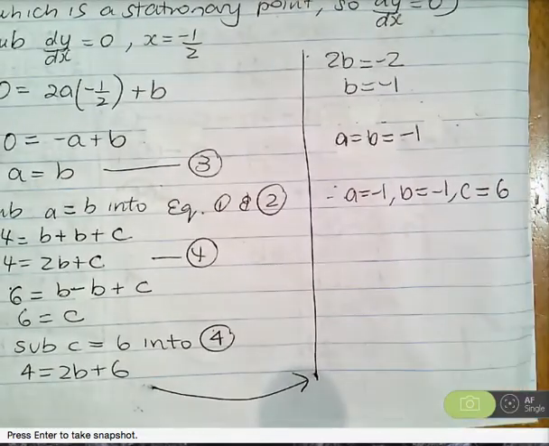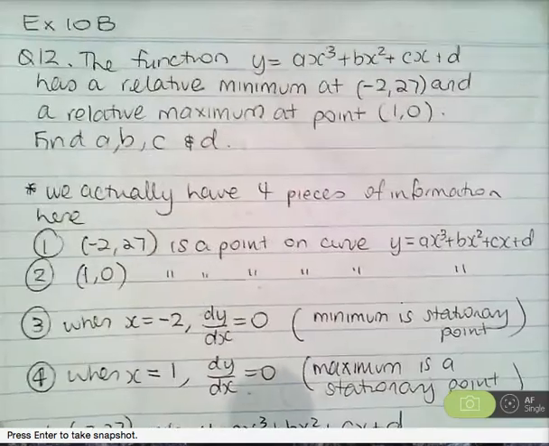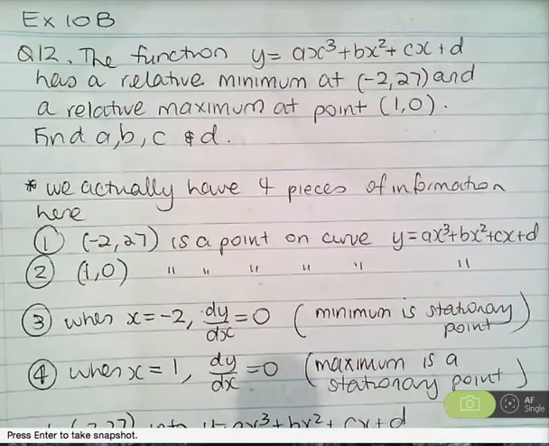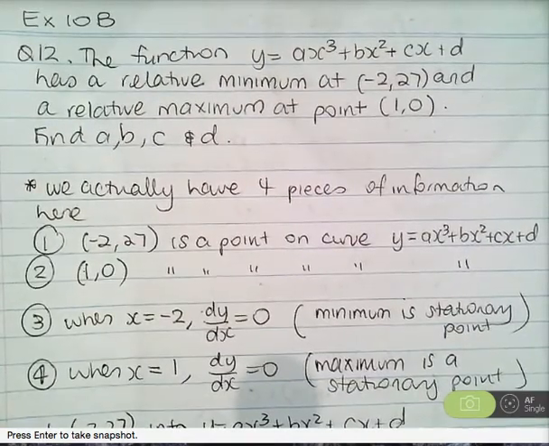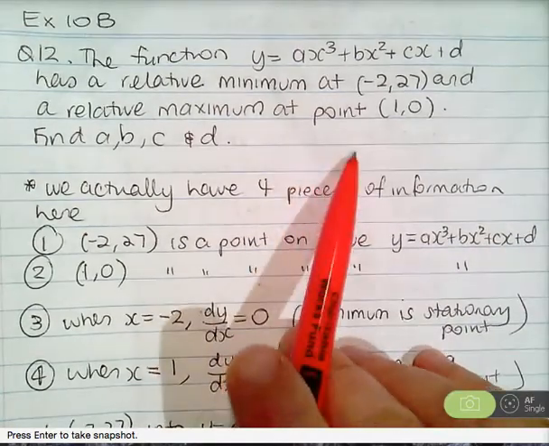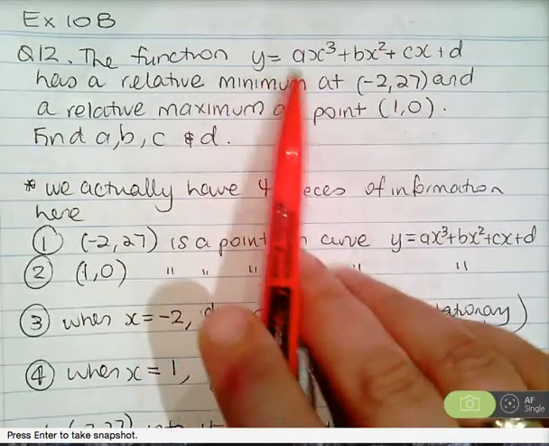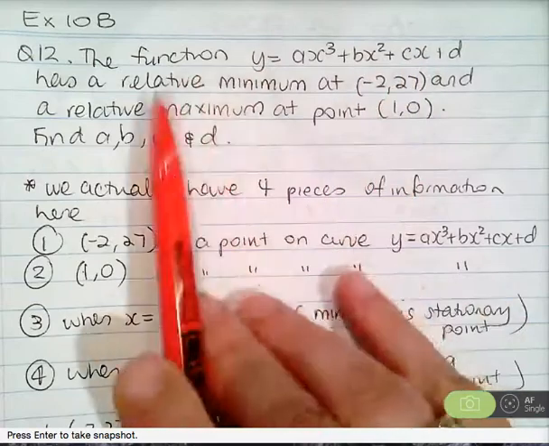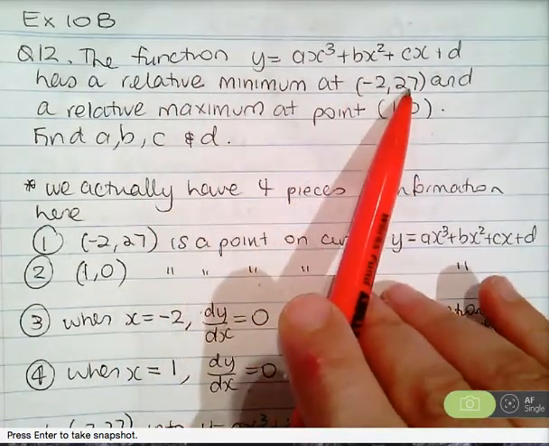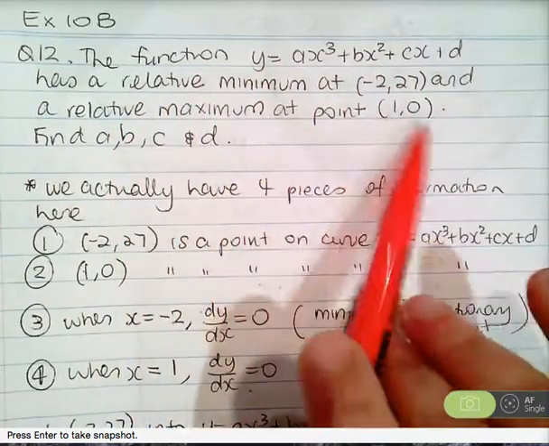Okay. Now I'll look at question 12, because a few people have asked about that as well. Question 12 in 10b is similar to question 11. It says that this function has a minimum at negative 2, 27 and a maximum at 1, 0.